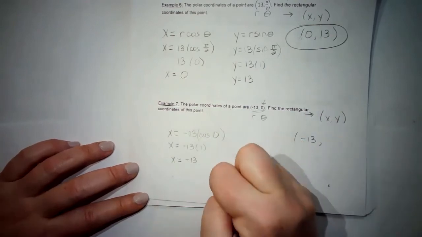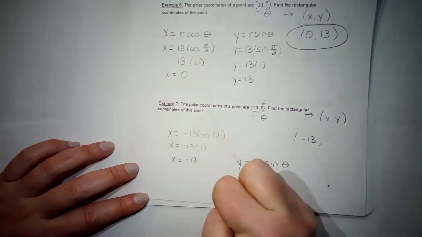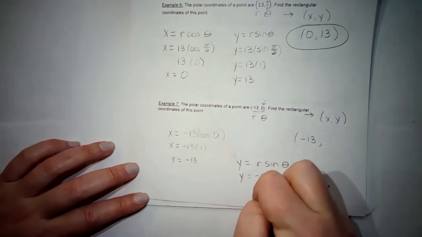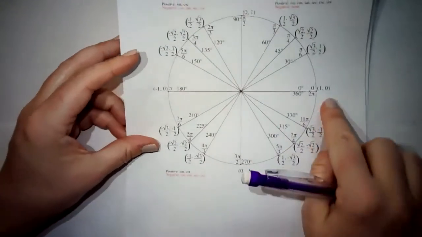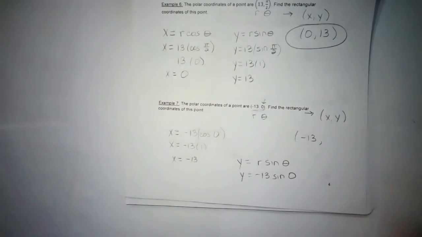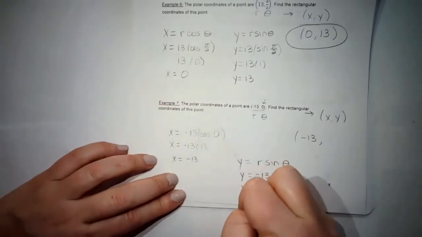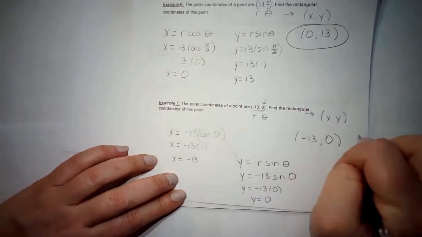Y is going to be r sine theta. So negative 13 sine of 0. I go to 0. At 0, my sine is 0. Negative 13 times 0, y is 0.